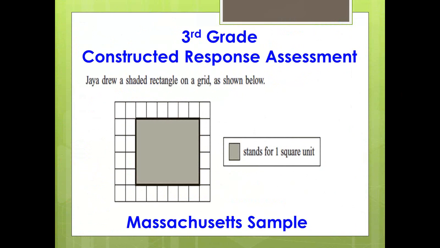It also gives you a key that says one block stands for 1 square unit. The resource that I am highlighting this month is from Massachusetts. It's Simple Items, and I will provide the website at the end, so you'll be able to add this to the resource from last month and explore throughout this month.